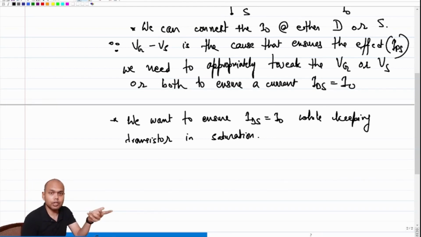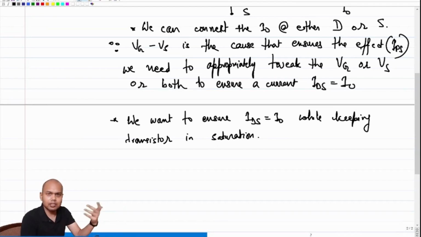However, we also want to ensure that while this current is flowing, the transistor is not going out of saturation region. That's why in the previous case, we were observing the voltage at the drain, trying to see whether it is moving up or moving down. Because if it's slightly moving up or down, then something bad can happen.